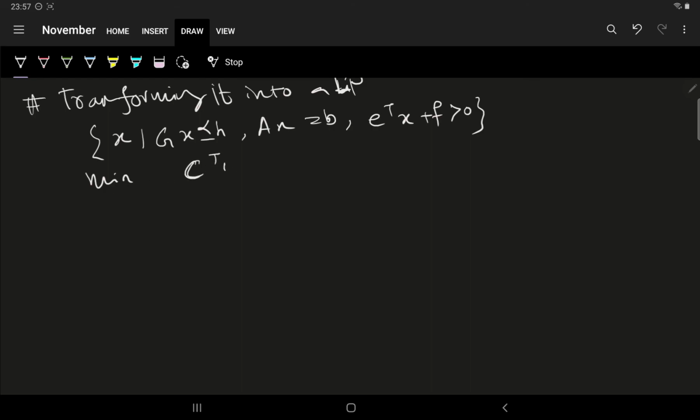We want to convert it into such a form. Let me write this first.